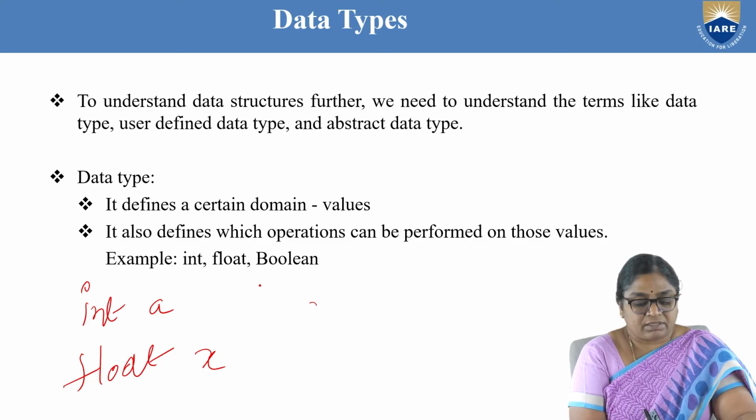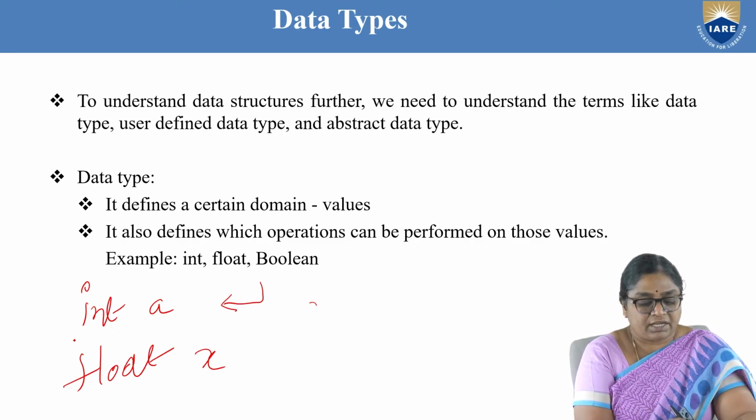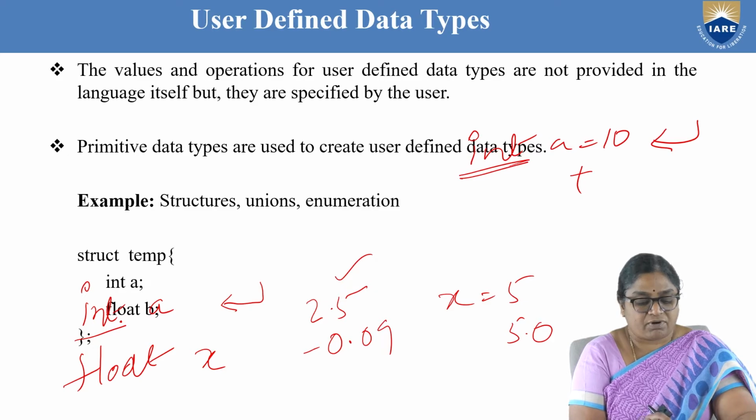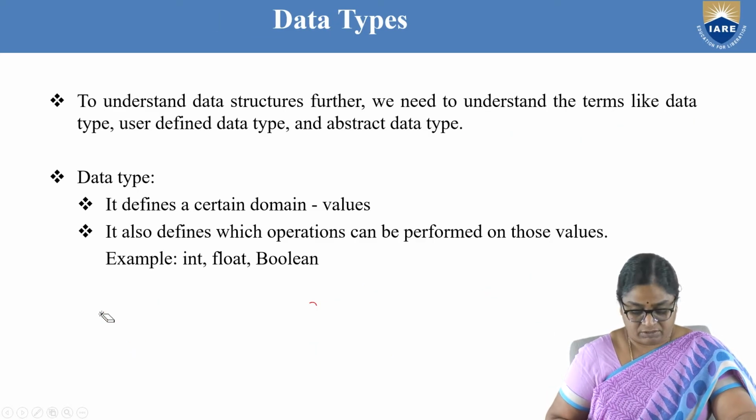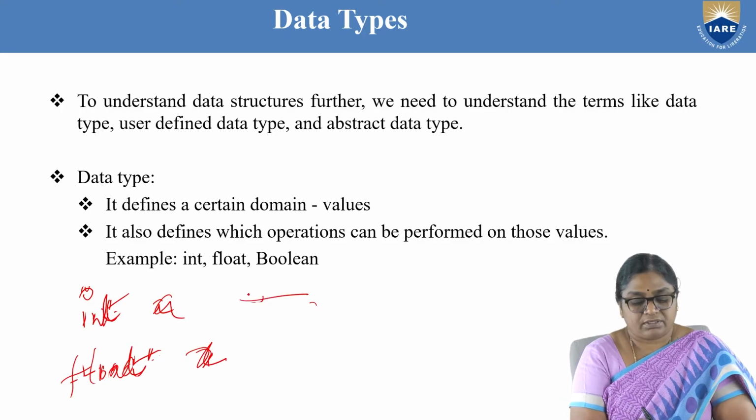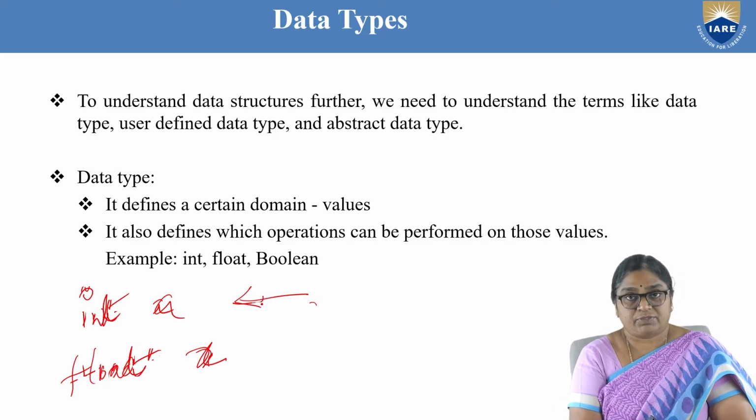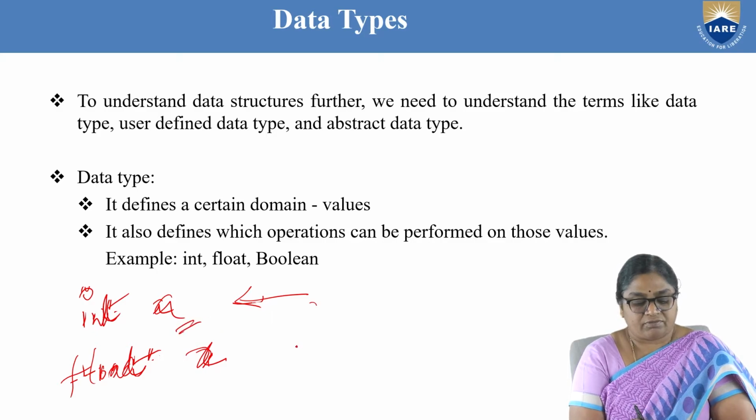So here the data type int specifies what values I can store in a. The data type float specifies what values I can store in x.